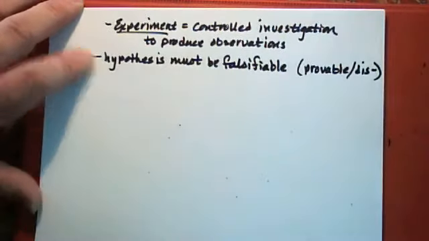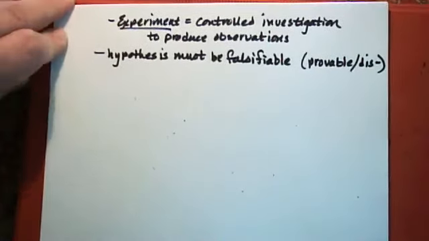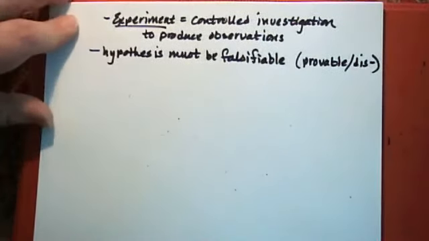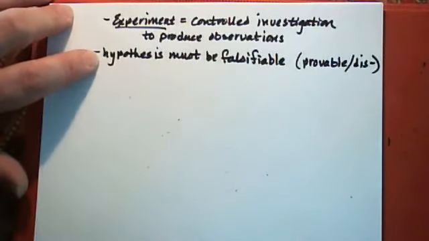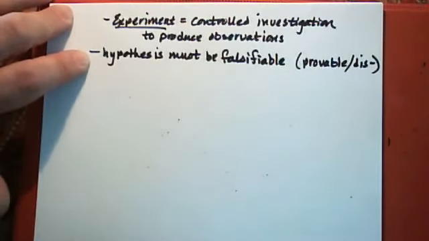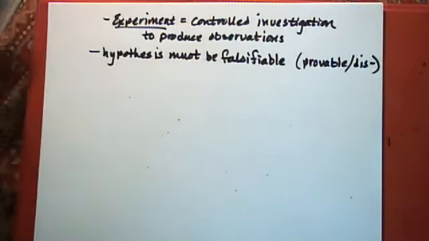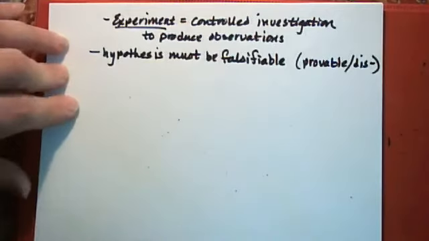And what we mean by falsifiable is it has to be testable. In other words, you have to be able to prove or disprove it. So a hypothesis that can't be tested or proven or disproven is not really a hypothesis at all. It's a belief maybe, but not really a hypothesis.